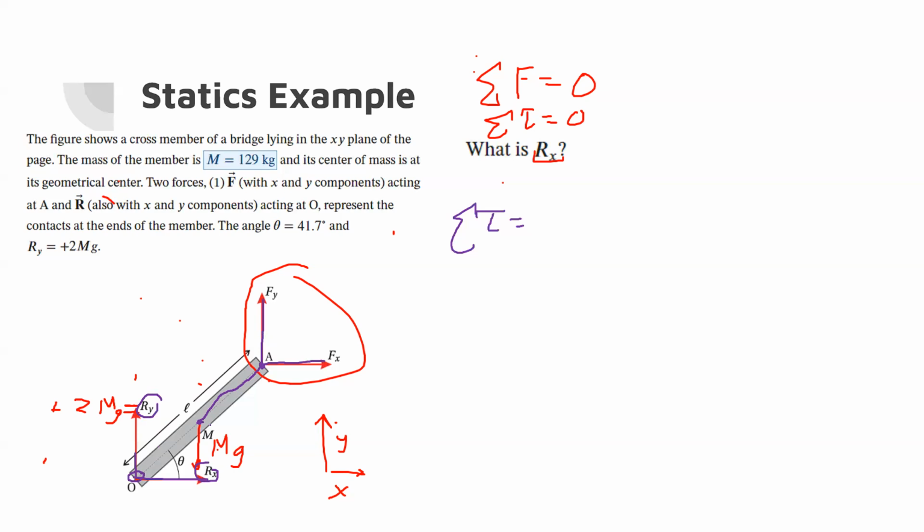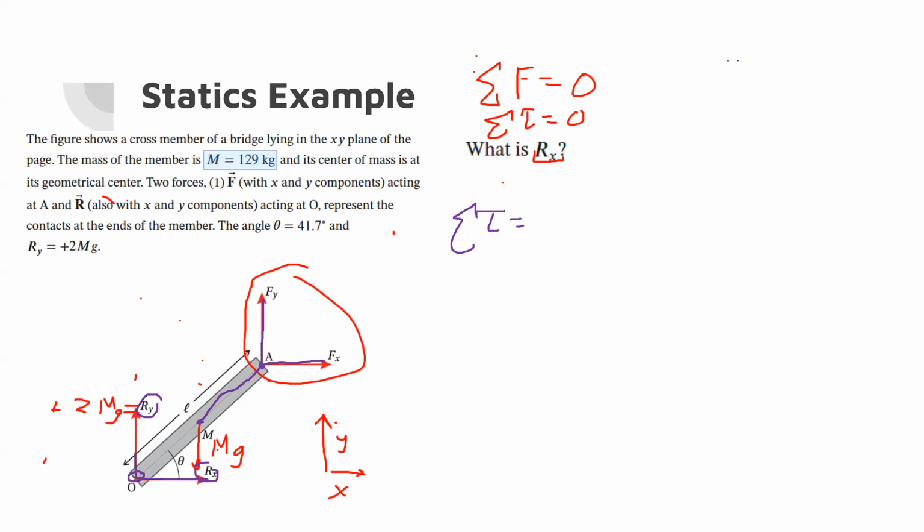Since I'm going to define the torque vector that's positive to be the one pointing out of the page, and I wish I could review the right-hand rule with y'all, but I don't know how helpful that would be just over Zoom. Hopefully you remember it. The torque vector that points out of the page is going to be the positive one, and the ones that point into the page are negative.